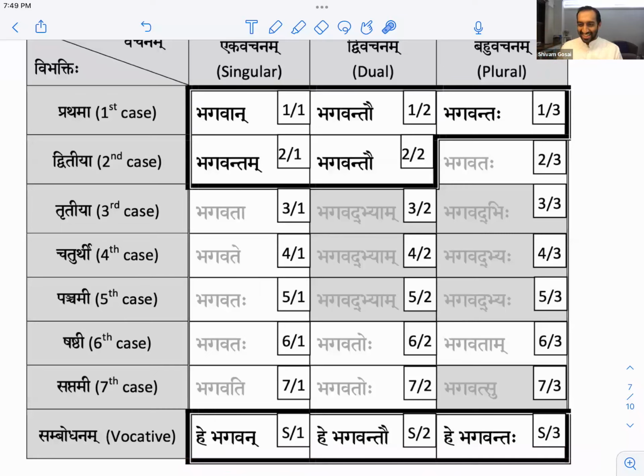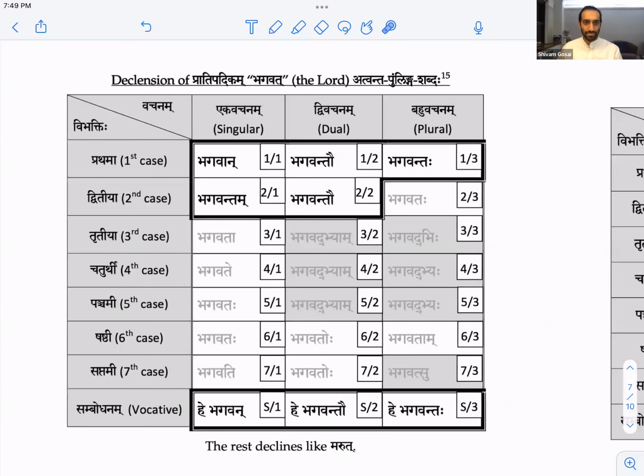Okay, so I see a question in the chat, and I'll take Harprasadji's question. When we add the mat-ending pratyaya to bhaga, we get Bhagavan, meaning one who has bhaga.